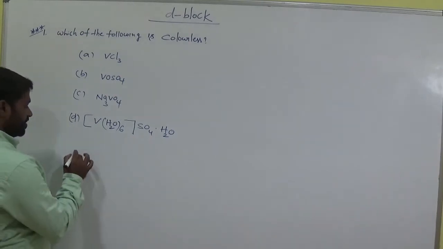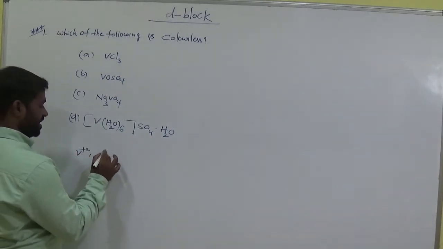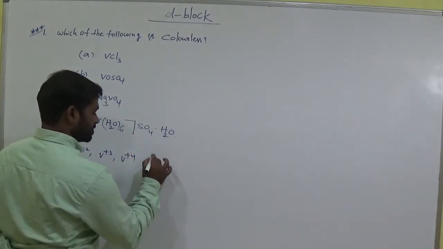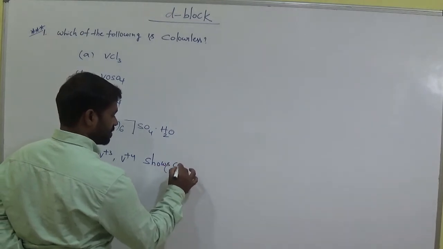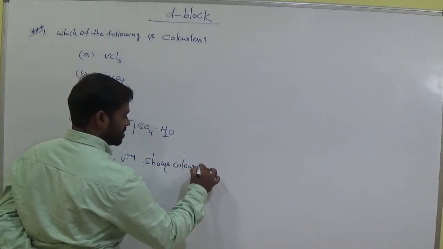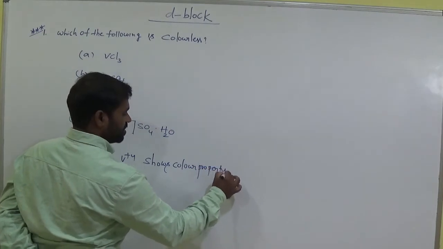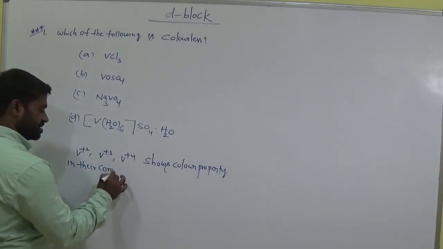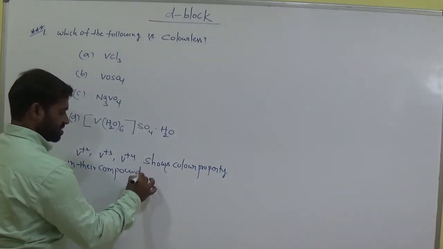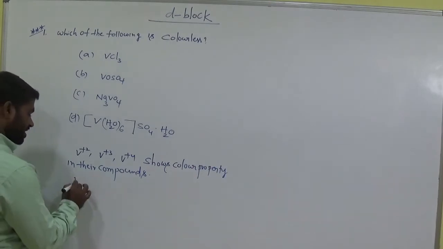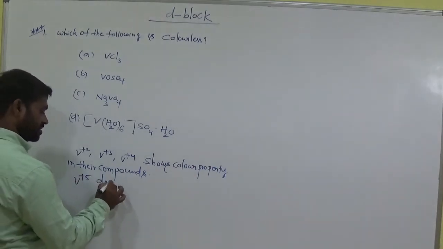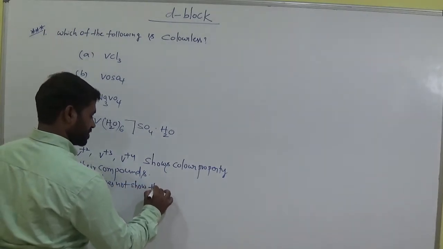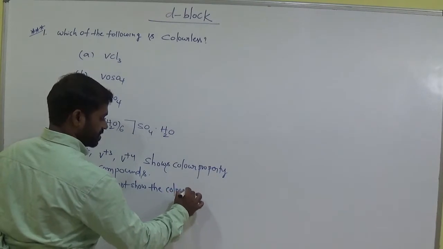So let's see, vanadium +2, vanadium +3, vanadium +4 show color property in their compounds. Vanadium +5 does not show color.